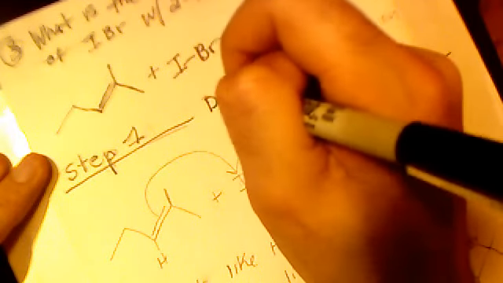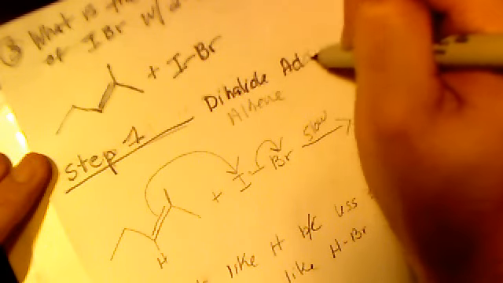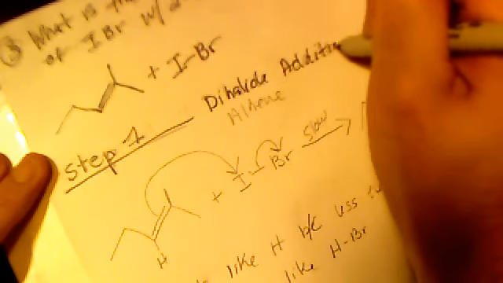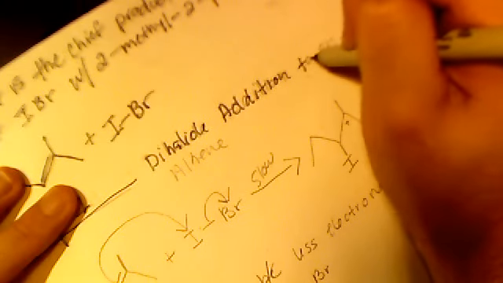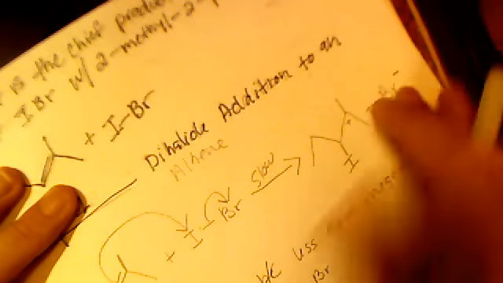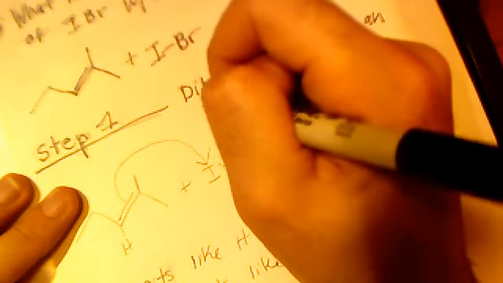So step 1 of the mechanism. This is a dihalide addition to an alkene.